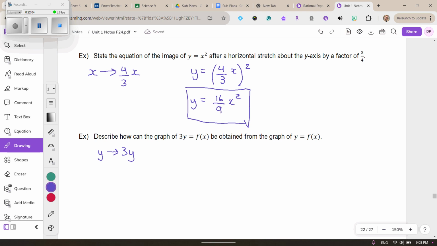So if y was replaced with 3y, that means that we have a vertical stretch by a factor of 1 over 3 about the x-axis.